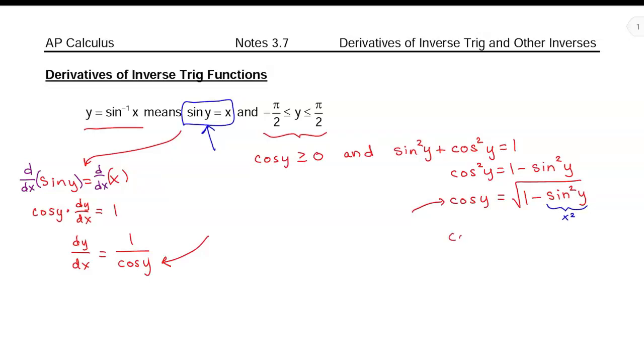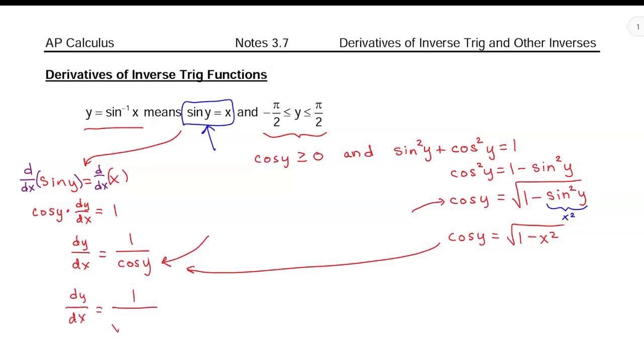So now I can write cosine y equals the square root of 1 minus x squared. There we go. Now I can put this in place of cosine y in our derivative formula. So instead of cosine y in the denominator, I'm going to write the square root of 1 minus x squared. I'll write that in the summary. The derivative of the inverse of sine is 1 over the square root of 1 minus x squared.